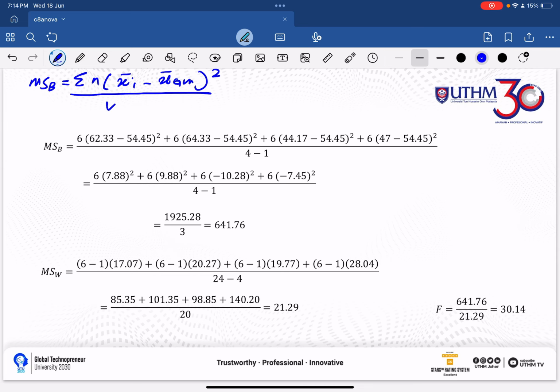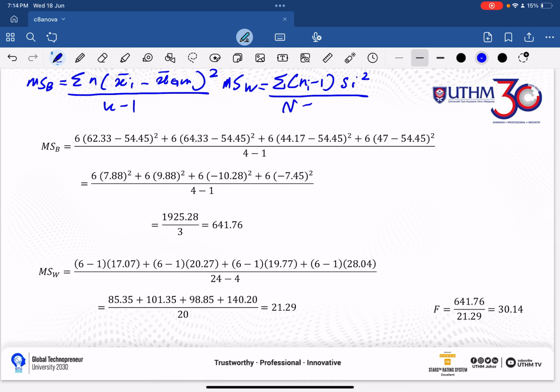And then this is k minus 1. Group. We have 4 groups, right? And then MSW. So MSW is the summation of n minus 1 Si square over n minus k. Right?